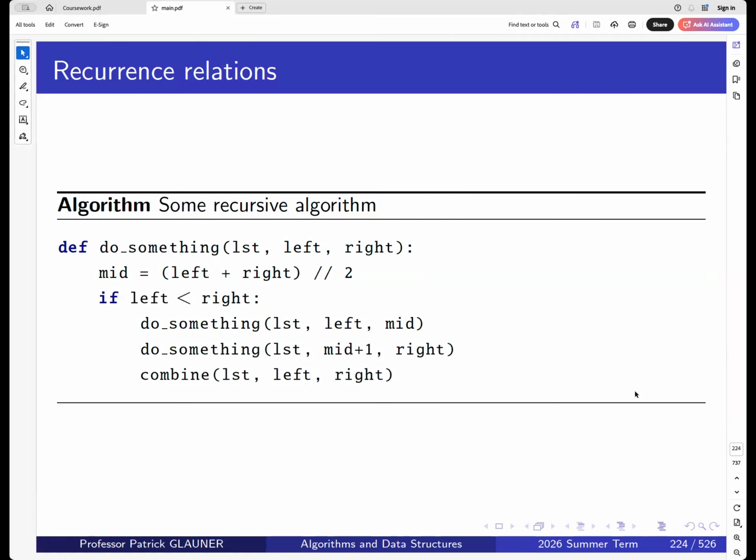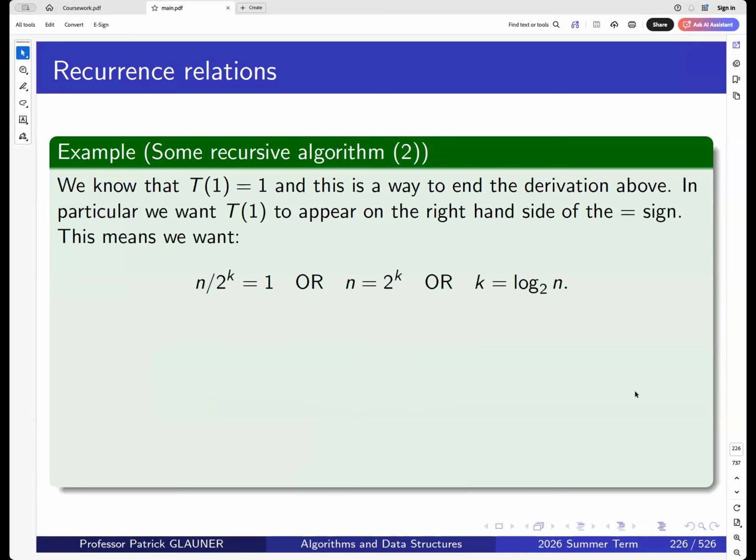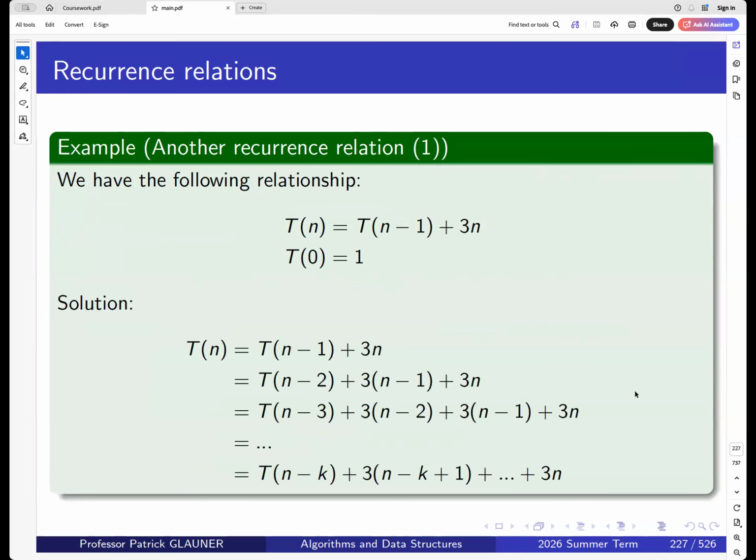We've seen another very general pattern of an algorithm that we will see more often in this course. Also today, we found out how we can solve this recurrence relation and determine the algorithm's complexity. And there were a couple of further exercises in case you're curious to solve more recurrence relations.